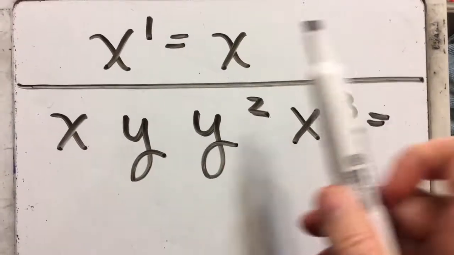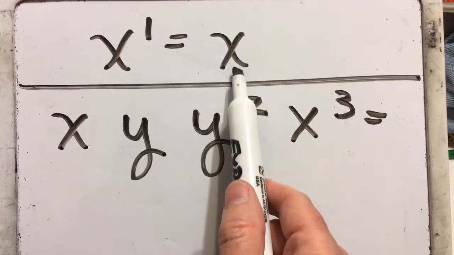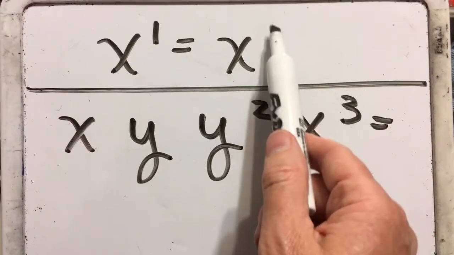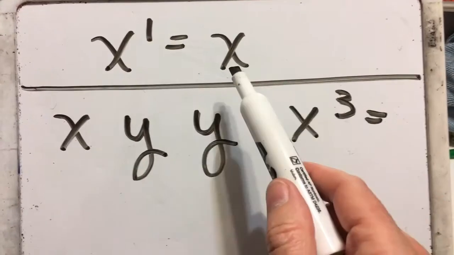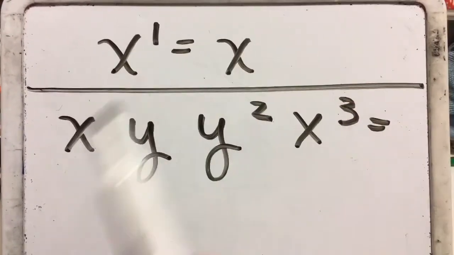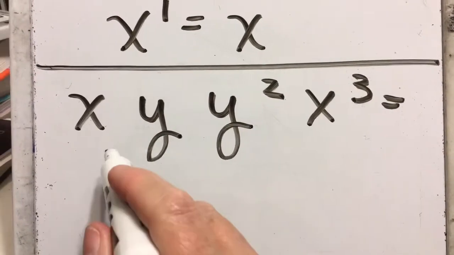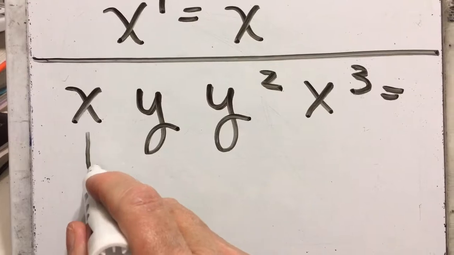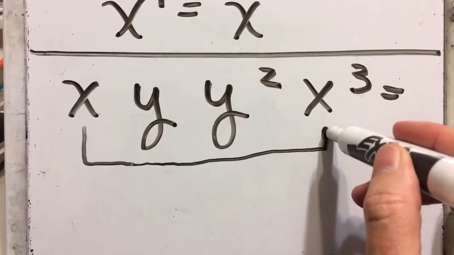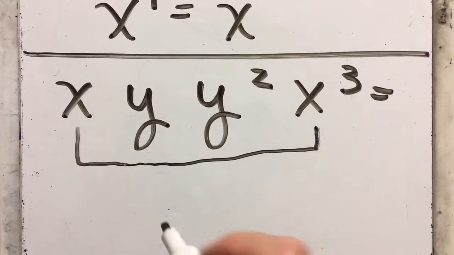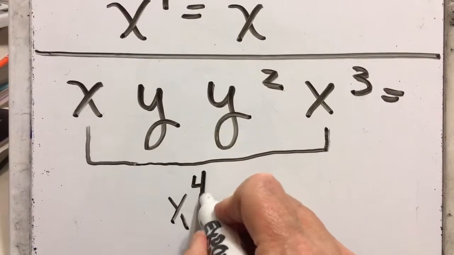Here is another rule. X to the first power is the same thing as x. Whenever the power is not specified, it is 1. Okay, so x with nothing specified is x to the 1. So let's use that as we look at these. We've got an x with nothing specified, so that will be x to the 1 times x to the 3, which is x to the 1 plus 3, or 4.